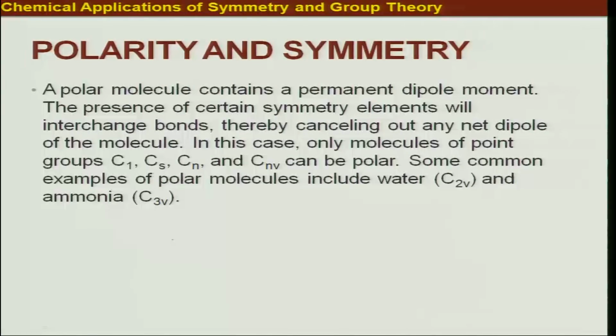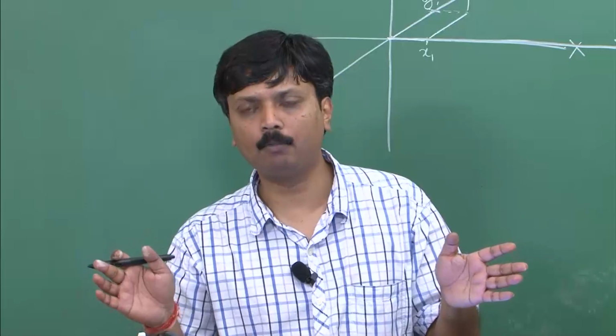The other important, the last point that I will discuss today is polarity and symmetry. Any polar molecule will have a permanent dipole moment, right? Now certain symmetry operations can actually interchange the bonds and thereby cancel any possible net dipole moment.